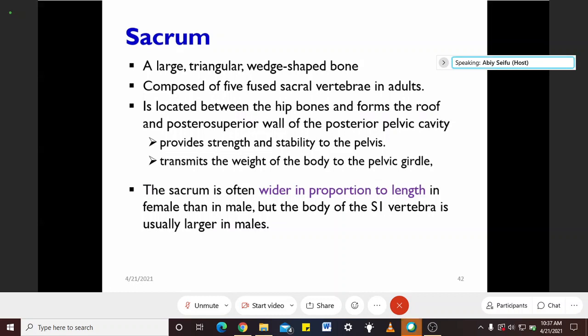The pelvic cavity is wider in females, made wider by the contribution of the sacrum as well. Of course, the iliac bones are also wider in females, so the pelvis is wider in females by the combination of the sacrum and the hip bones.